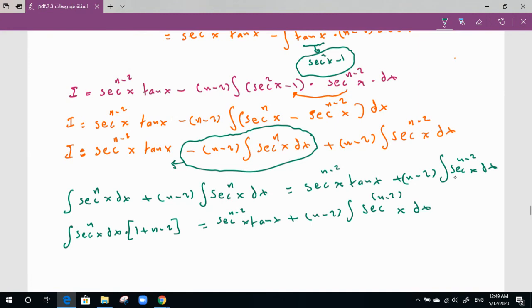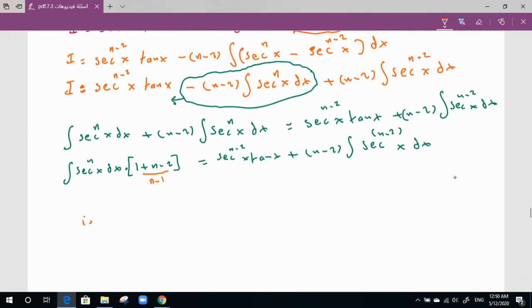Now 1 plus n minus 2 gives n minus 1, so I will divide all by n minus 1.